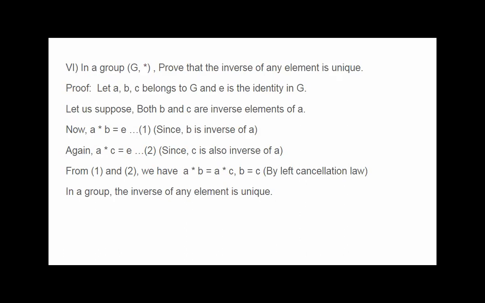How we are going to prove that is, let A, B, C belong to G and E is the identity in G. Then let us suppose both B and C are inverse elements of A. Here A is the element and B and C are two inverses of A that we have supposed. Means 1 by A is equal to B also and 1 by A is equal to C also.